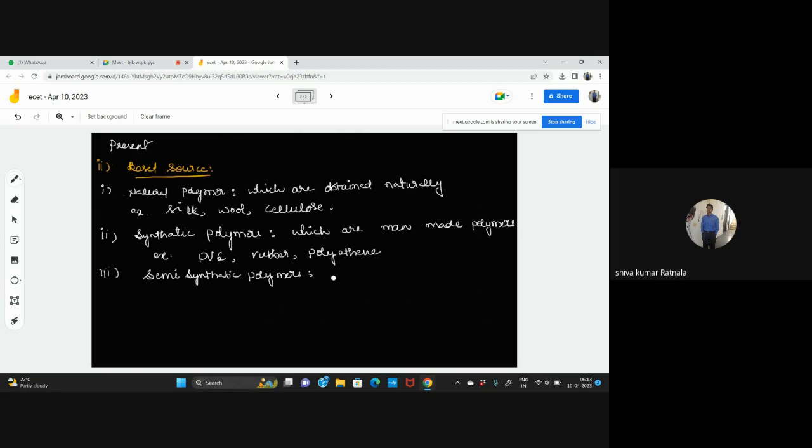So these are obtained by doing some modification in natural polymer. అంటే natural polymer ne by doing some modification, by reacting with any other compound or by doing some chemical reactions, we are going to get, example, vulcanized rubber.